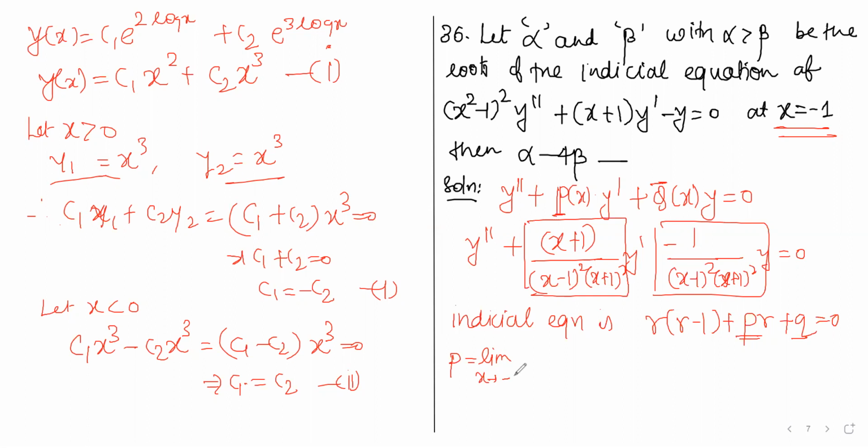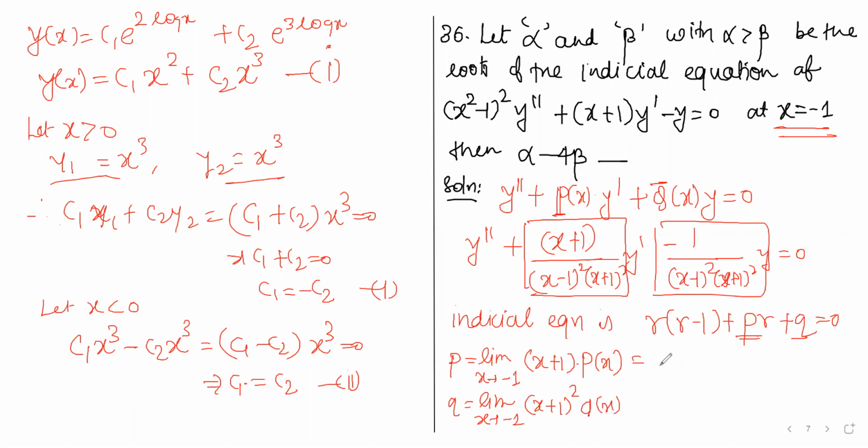So at x equal to -1, it will be simply (x plus 1) into capital P of x. The way you check your regular singular point, it's the same thing. Just find out that limit, that will serve as p, and the second one will serve as q. So limit x tends to -1, it will be again (x plus 1) square into Q of x.